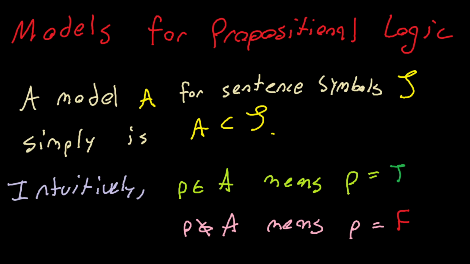So this is really simple, because propositional logic is so simple, right? Propositional logic only consists of propositional variables that are either true or false. So of course a model of propositional logic is only going to be just telling me which propositions happen to be true, right?